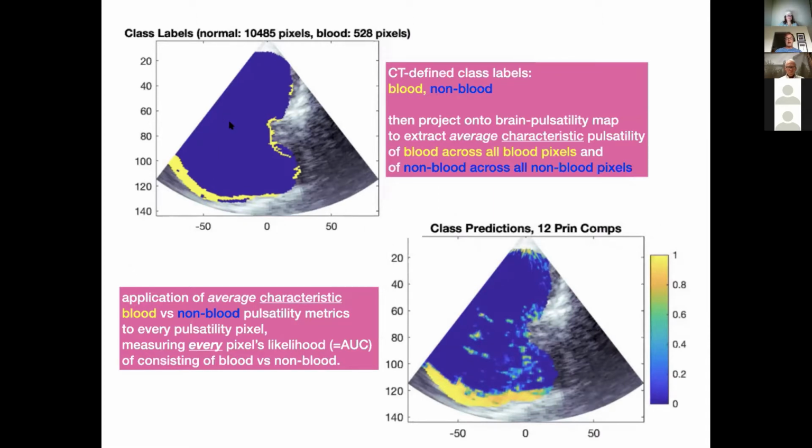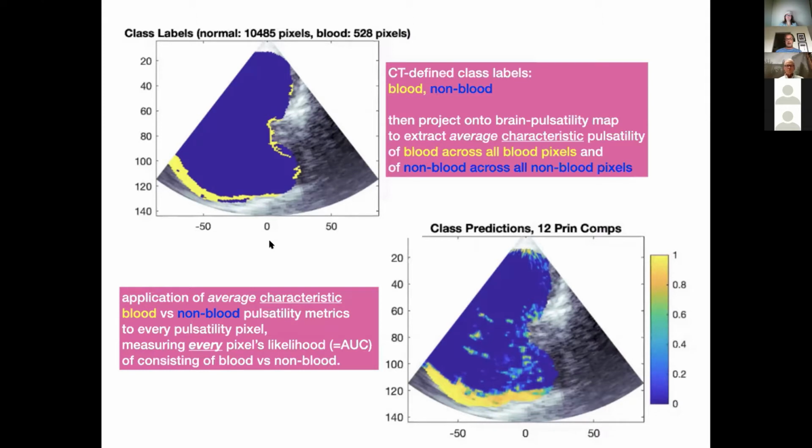We define another single metric for what is non-blood, the portions of the ultrasound image that the CT says don't have blood. With that single metric for blood versus non-blood, we then apply it to every pixel of that same image and ask what's the likelihood we've detected blood, where there's variation in the pulsatility of brain thanks to the presence of blood, thanks to all kinds of things.